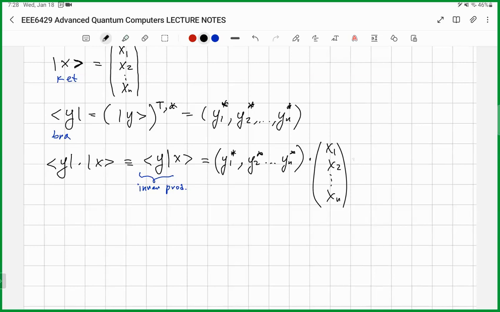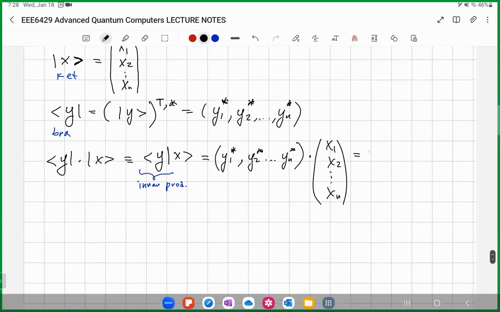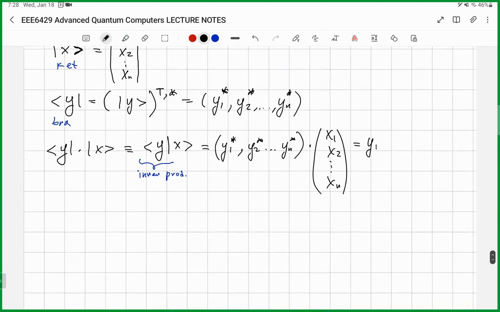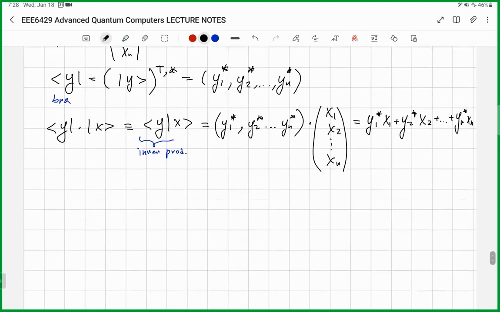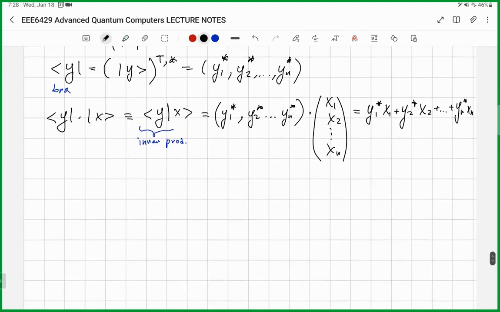You see? According to this, it is the product of two matrices, you might say, and the result is simply y1 conjugated x1 plus y2 conjugated x2 plus etc. plus yn conjugated xn. So simply the inner product or dot product of two vectors.